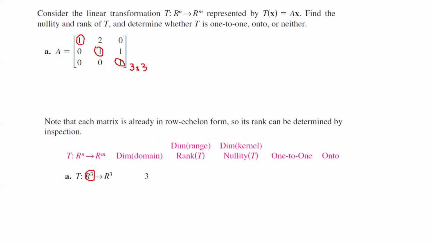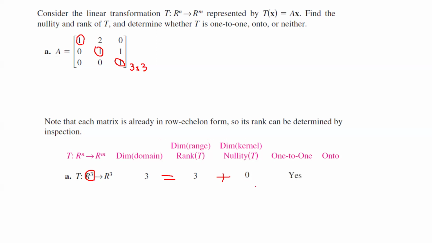There is no doubt there. It's easy to see that. What is the dimension of the range or rank? It is also 3. Well, what is the dimension of the kernel or nullity? It must be 0. It doesn't have any choice because n is equal to 3 plus 0. It cannot be any other number.